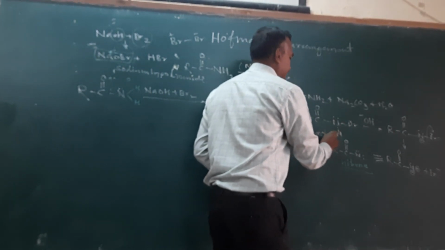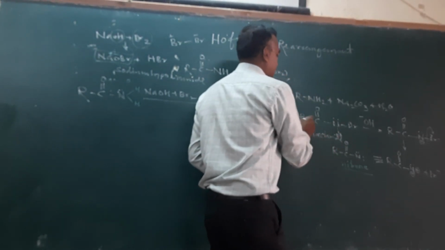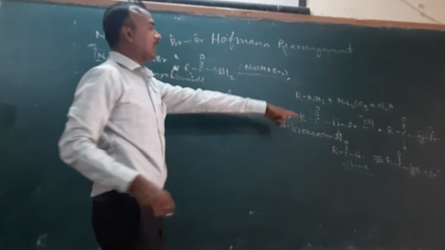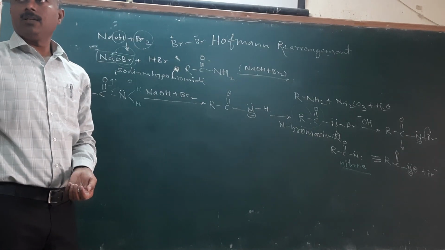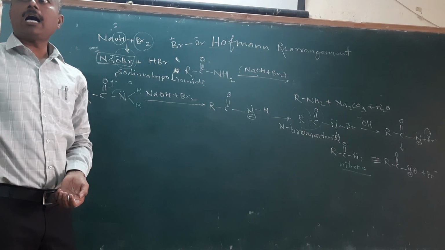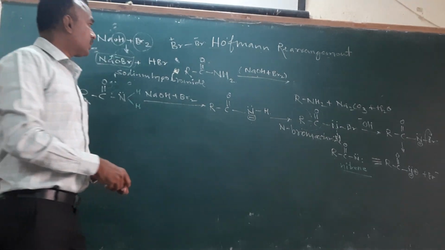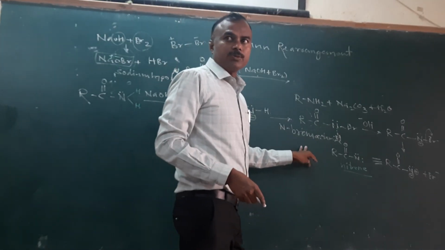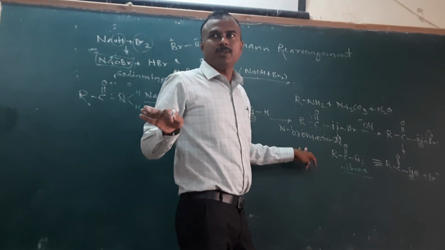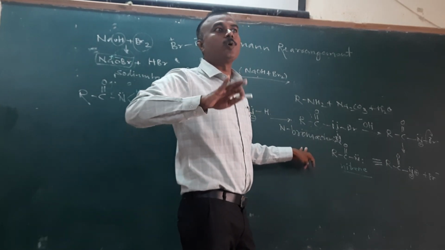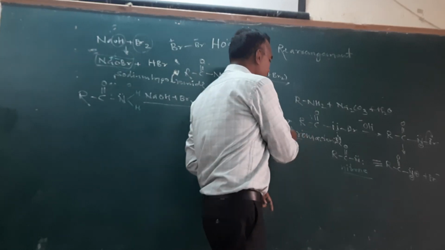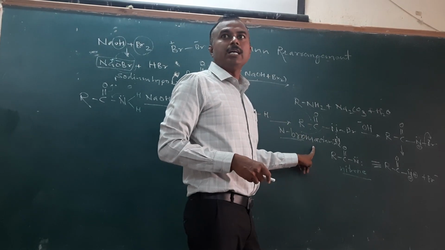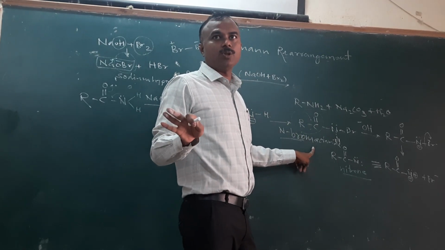Ketone. This is the acyl group. Acetamide, amide. N bromo acetamide. Did you get this one? This is the nomenclature part. No need to write bromo. If you simply write N bro, that is also enough.